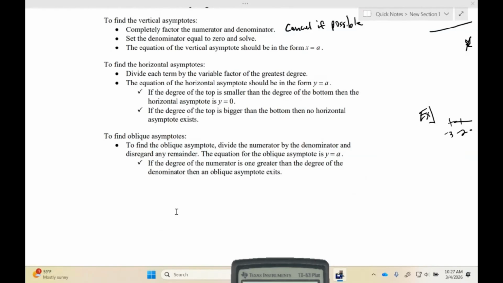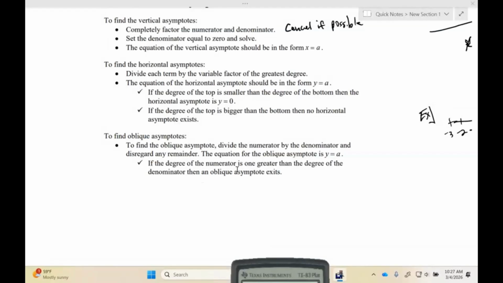To find an oblique asymptote, there's a checkpoint. It says if the degree of the numerator is 1 degree greater than the degree of the denominator, then and only then will an oblique asymptote exist.